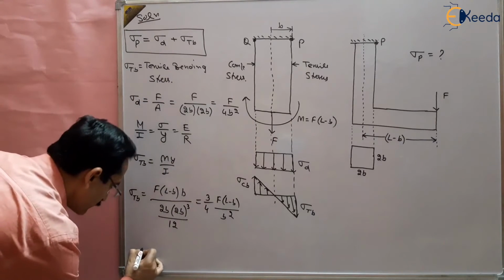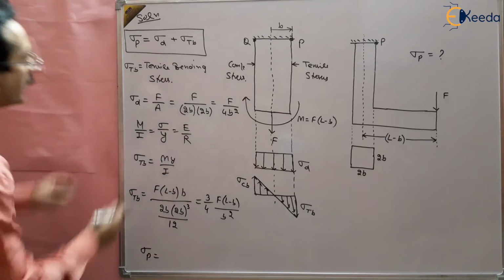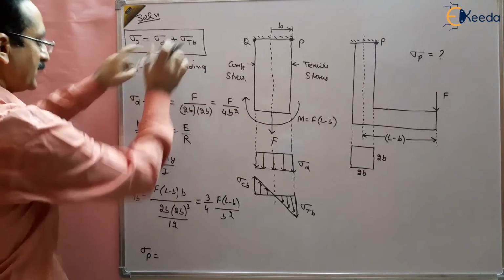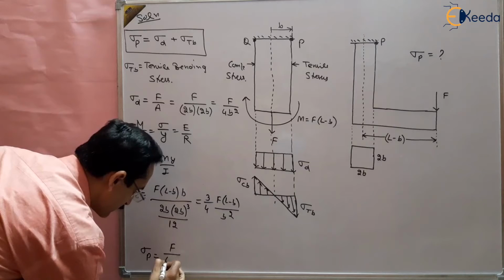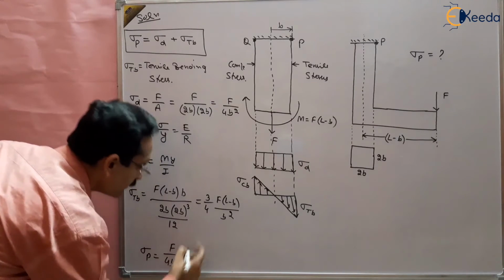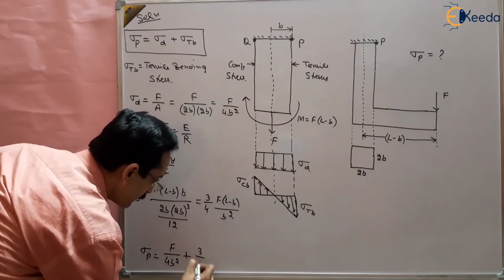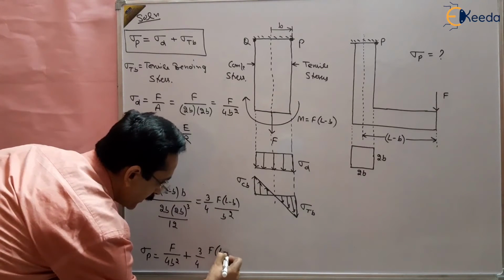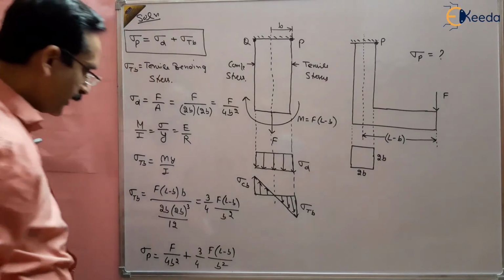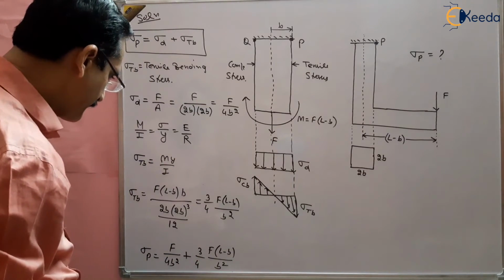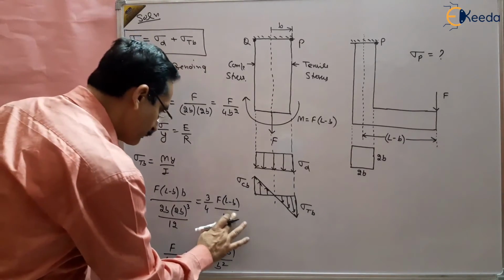And total stress at point P will be equal to the sum of direct stress and bending stress, so this will come out to be F by 4b square plus 3 by 4 F(L minus b) upon b square.